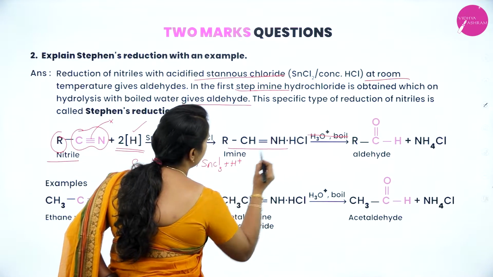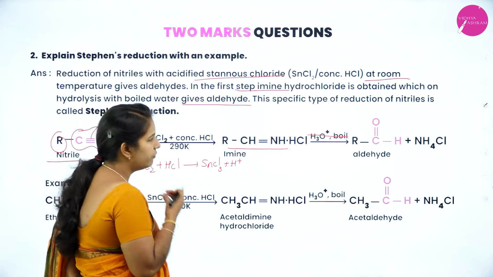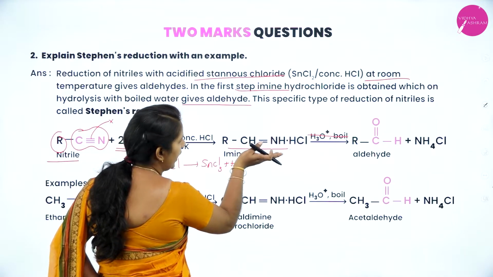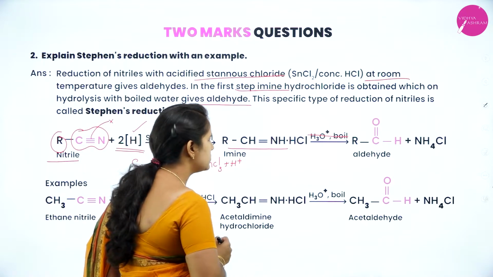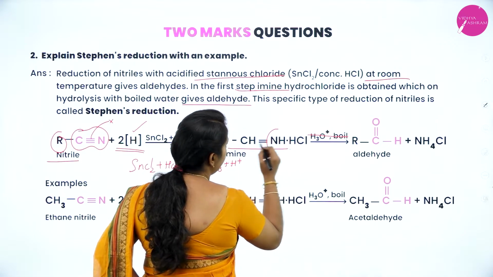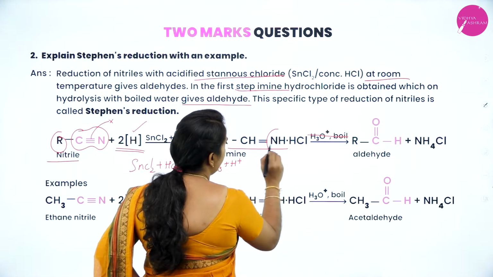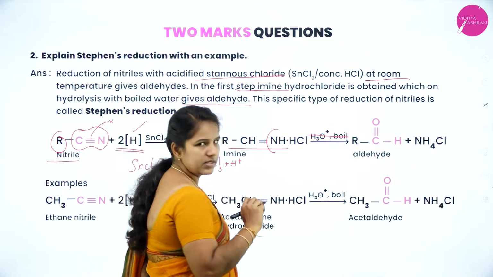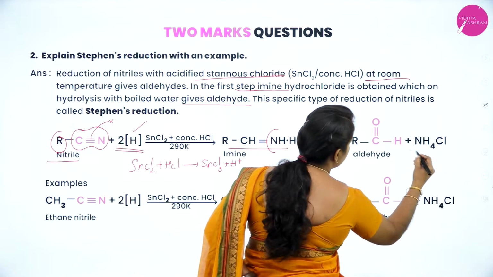As a result of this, imine products are formed, which is an imine hydrochloride, which upon further hydrolysis with water, what will happen? The nitrogen, this NH, will combine with the Cl and form what? NH4Cl.